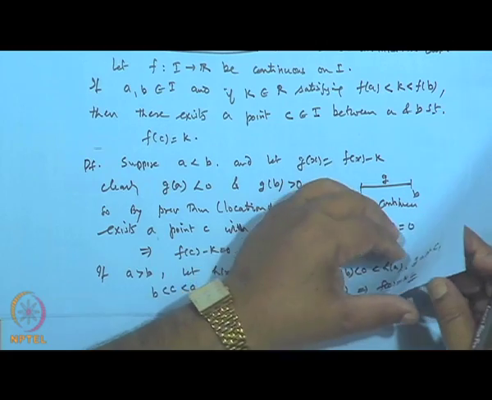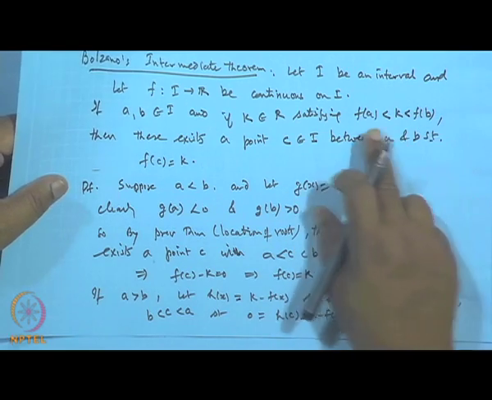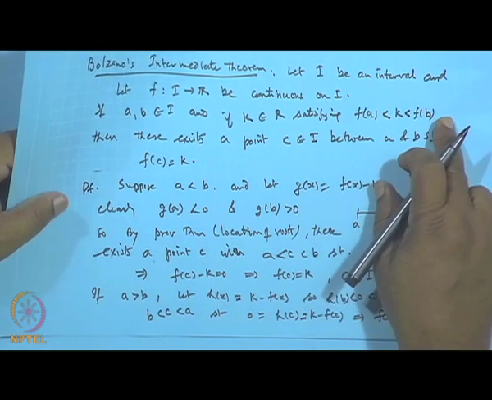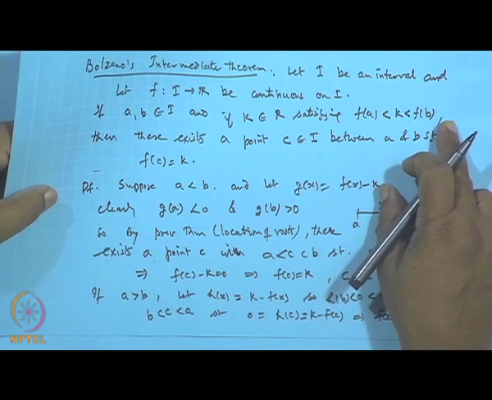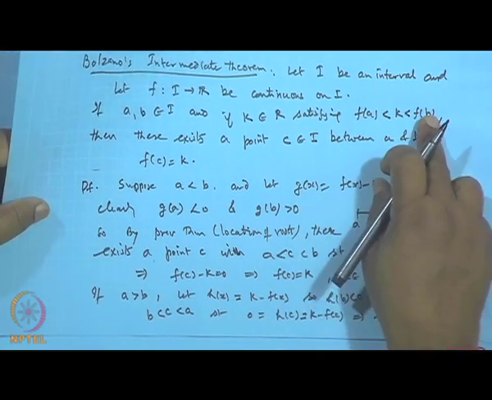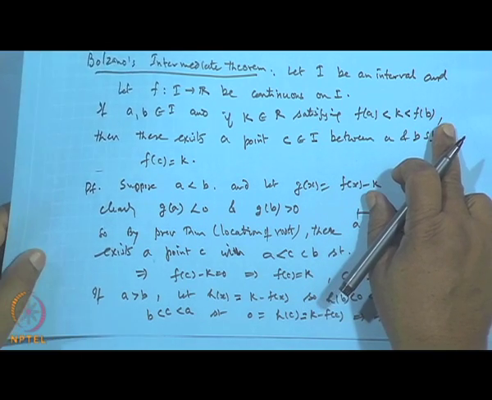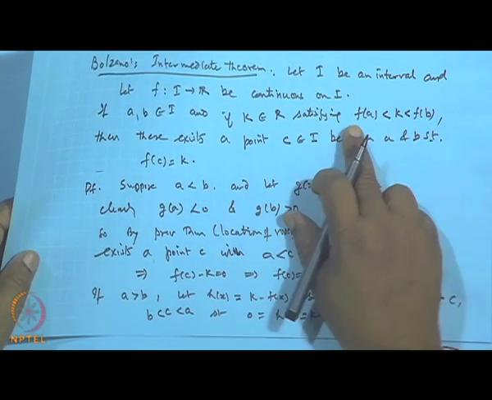Now, we can extend this result, because this is for any value lying between two unequal values of f. If we replace f(a) and f(b) by its minimum value or maximum value, that is the infimum and the supremum, and choose a k in between the infimum and supremum, then also we can get some point with that value.